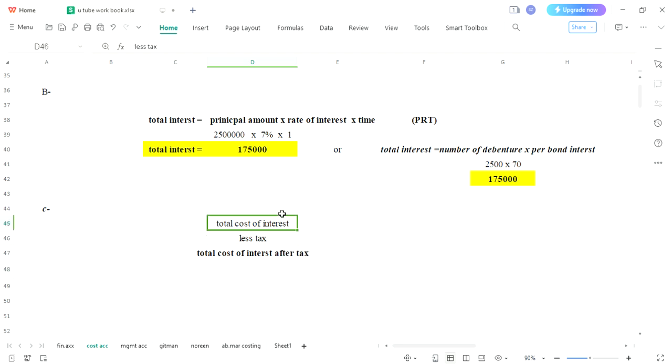So this is a simple thing. This is total cost of interest before tax. Let's manage it according to the size of your factors present in the question.